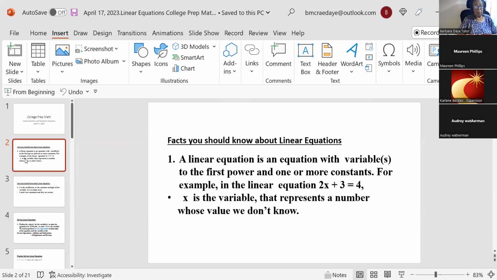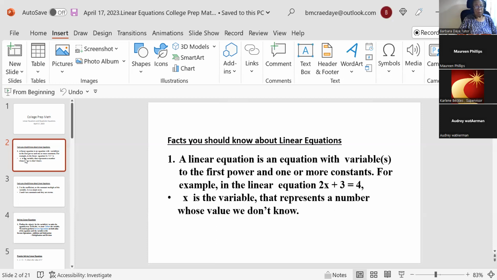That means your exponent in a linear equation cannot be higher than a 1, okay? Now, when we get to quadratics, you'll see it has a 2, and then some that have 3 or 4 or whatever. But in linear equations, the highest power is 1.